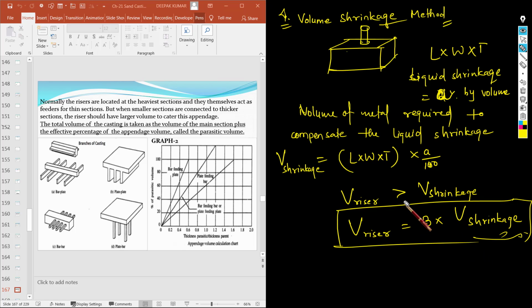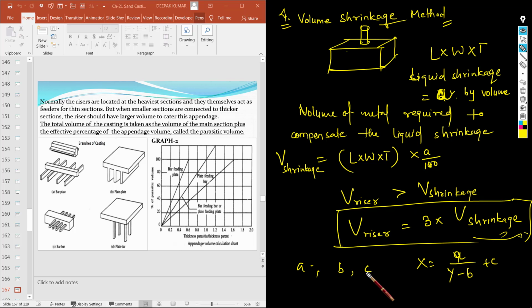If liquid shrinkage is not given, and if 3 constants A, B and C are given, that means you are going to use Caine's method, isn't it? In Caine's method we have seen this, A by x minus B plus C. So here you will be using Caine's method.